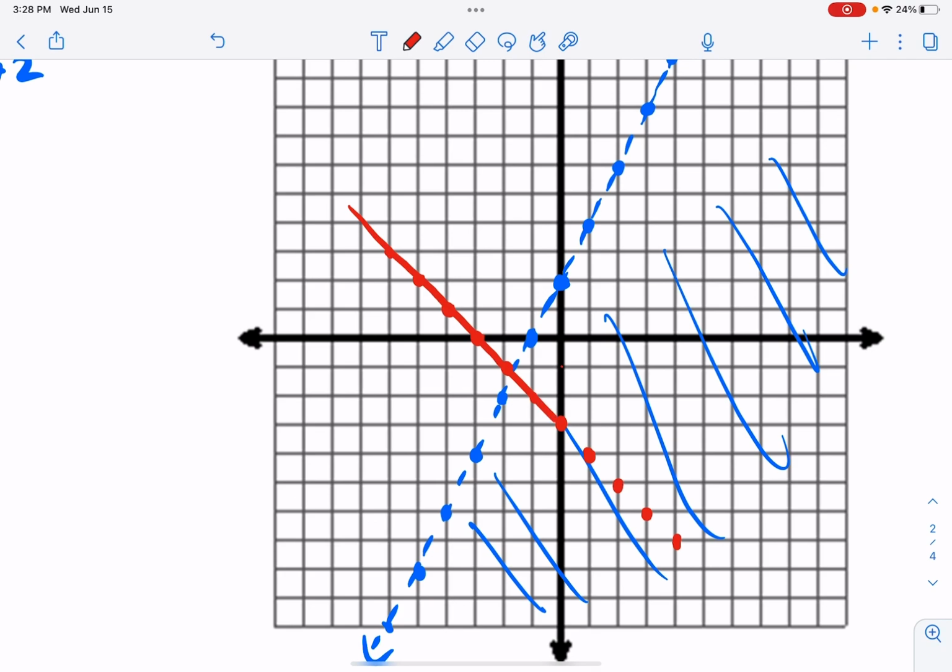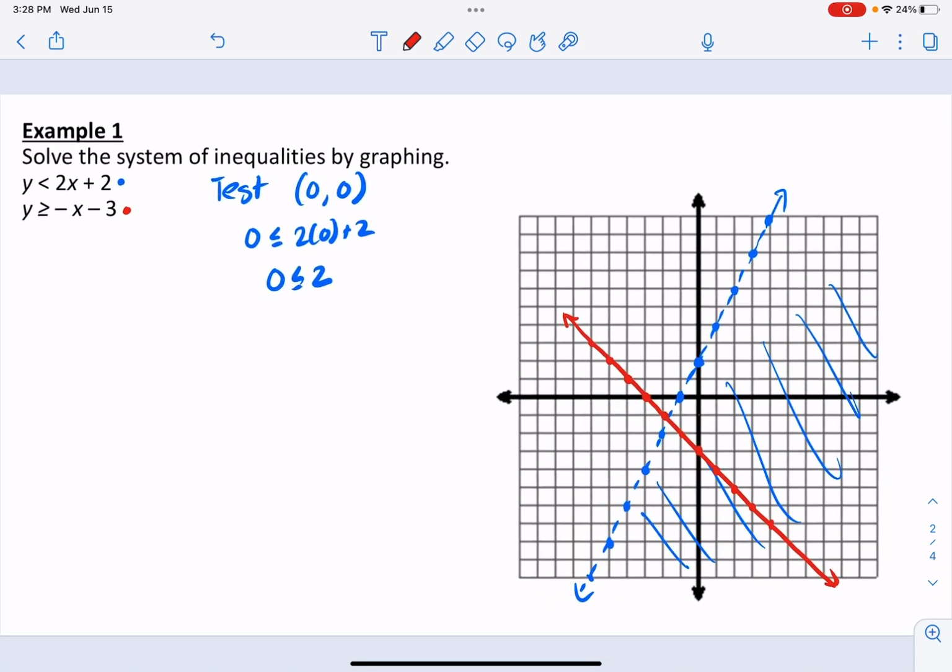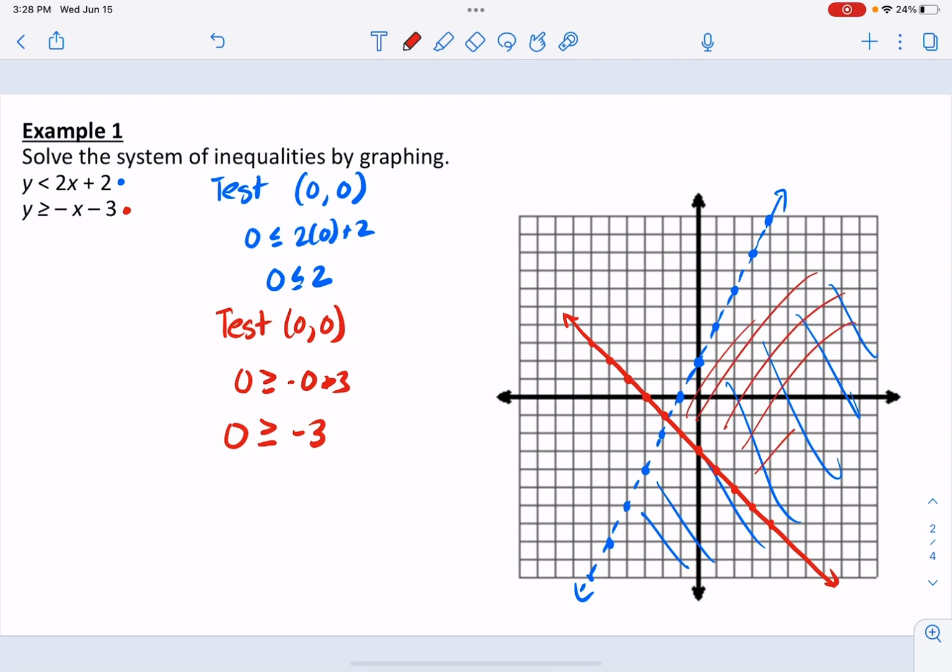I remembered it was equal to. I should have gone back and just double checked. Okay. So I can test 0, 0 in that equation. Zero is greater than or equal to negative 3. That's true. So I'm shading above for that equation.